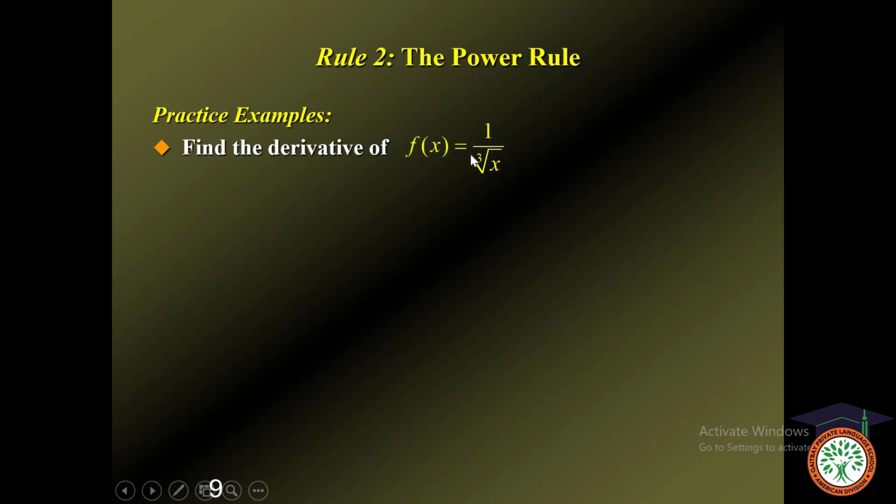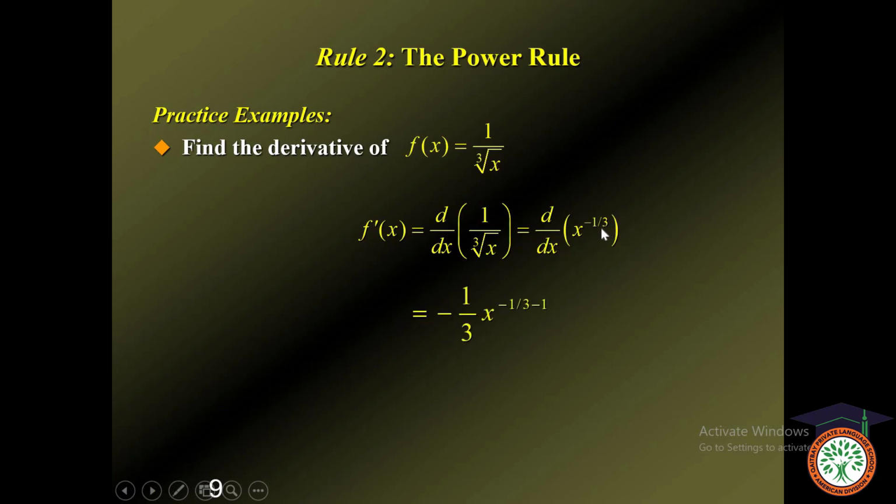Another one, derivative of f(x) equals 1 over the cubic root of x. Same, we are going to convert the cubic root to exponent 1 over 3. But the cubic root of x is in the denominator, so to flip it to the numerator, change the power to negative. Change the sign of the power. Now, let's find the derivative. d over dx of the function x to the power negative 1 over 3 with respect to x.